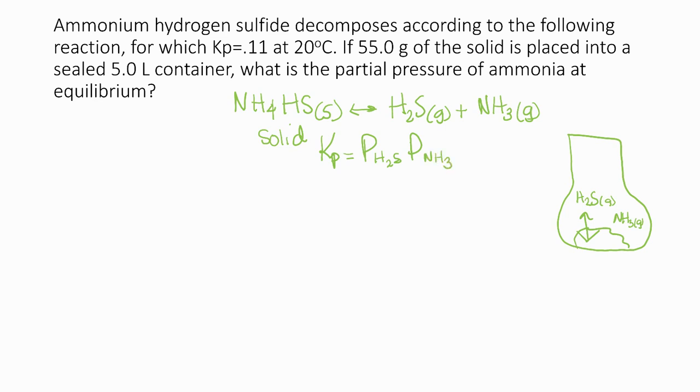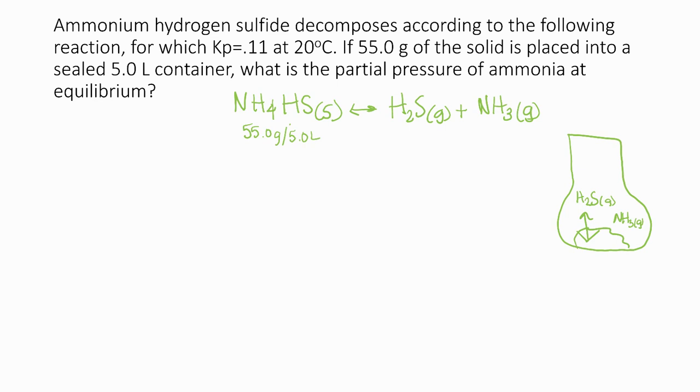So the solid doesn't appear in the equilibrium expression. So if we want to think of our ICE chart, I probably shouldn't have written that there. I think I'm going to erase it and move it over. If we think of our ICE chart, go ahead and write the ICE expression for this. We have 55 grams in 5 liters.